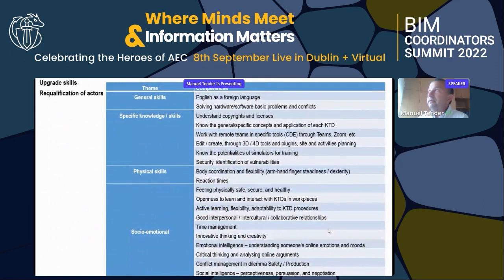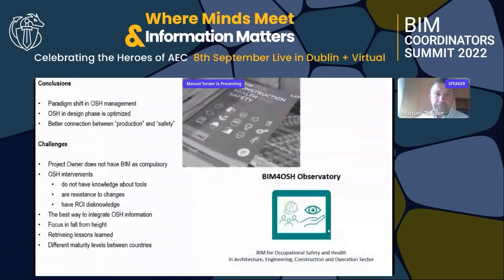Just to say that it's a new approach, so OSH actors are going to need to upgrade skills. We are going to need a requalification of the actors in terms of general skills, specific skills, physical skills, and socio-emotional skills. That is something that BIM implies when I implement it in a company.